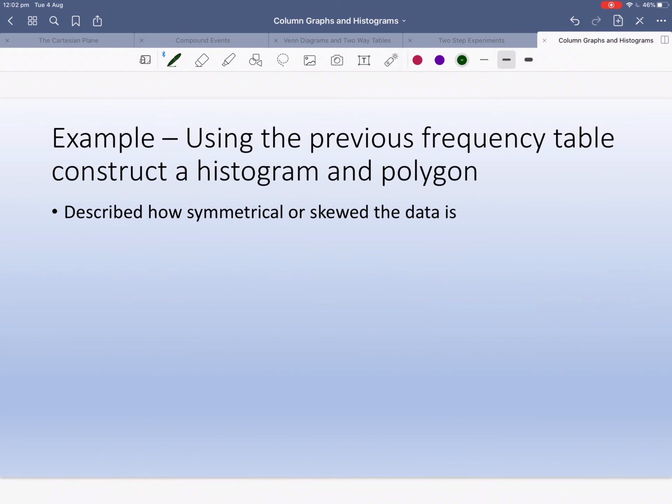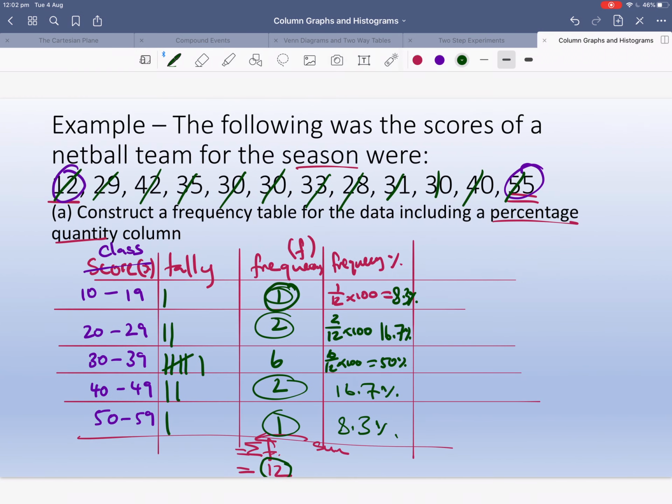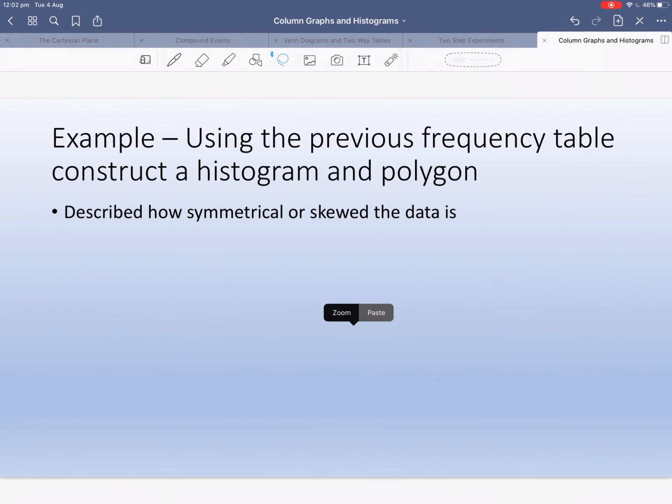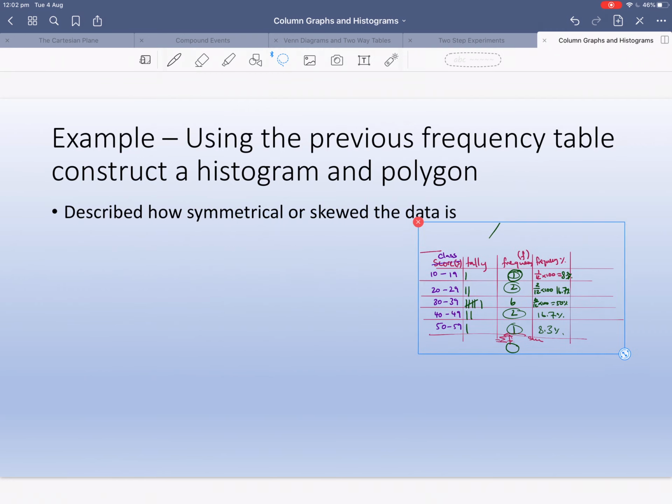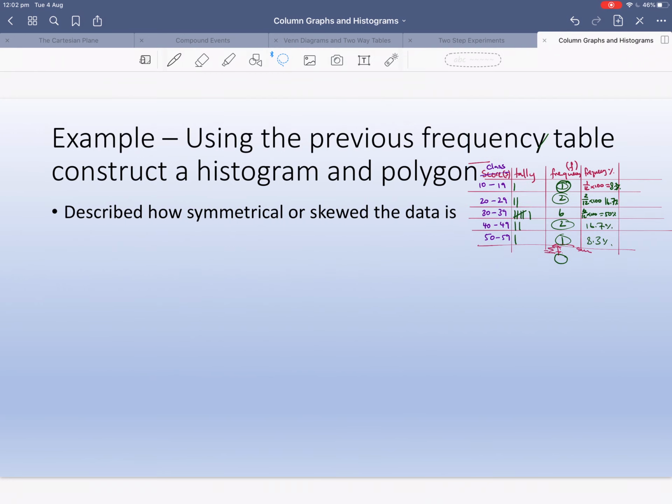Next, it says, using the previous frequency table, construct a frequency histogram and polygon. Okay, so what I'm going to do is I'm just going to copy and paste this over here so I can use it for my polygon and histogram.